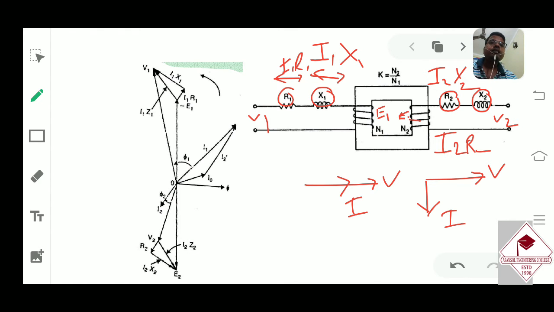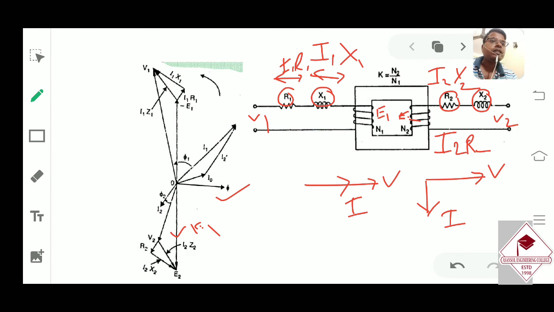Okay, so let us try to understand what the steps are. This is the flux, we have drawn this flux as a reference. After that you need to draw E1 and E2. So in this direction somewhere there is E1, right?